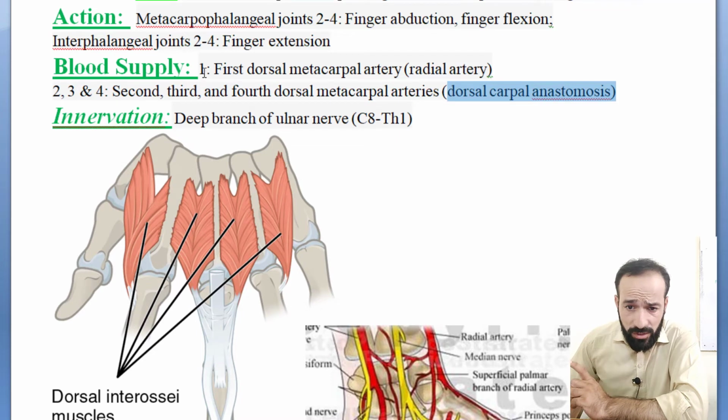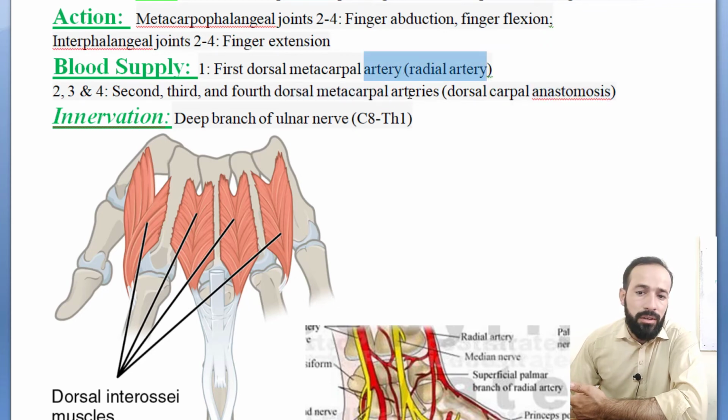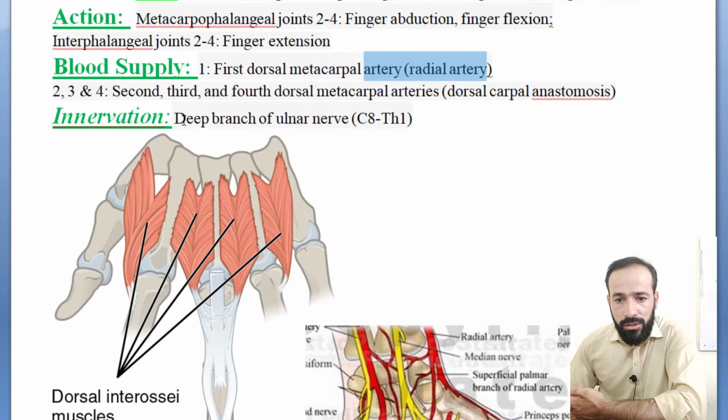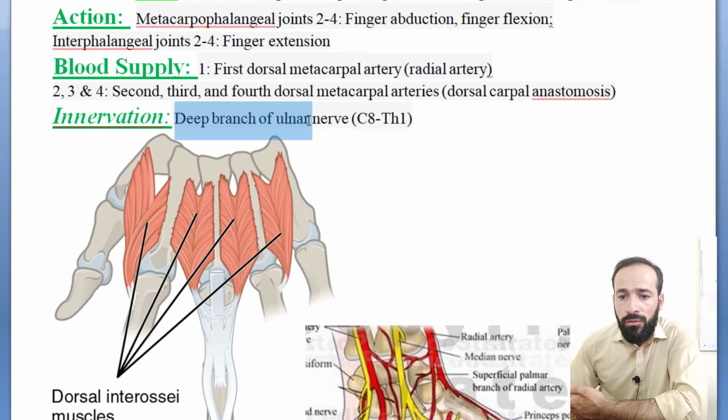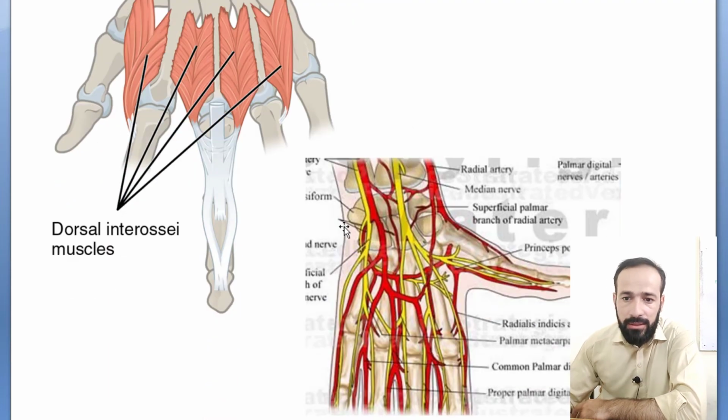So the first dorsal interosseous muscle is supplied by the first dorsal metacarpal artery from the radial artery, and the second, third and fourth are supplied by dorsal metacarpal arteries from the dorsal carpal anastomosis. Their innervation is from the deep branch of the ulnar nerve, which comes from C8 and T1.